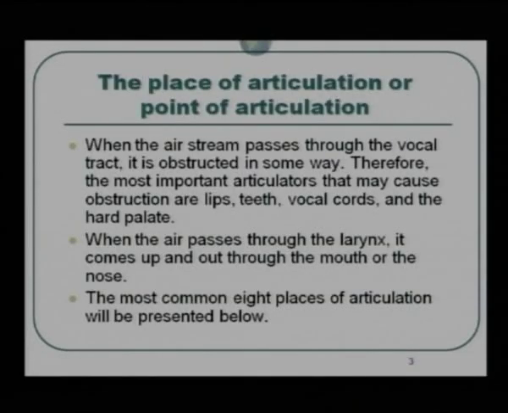Now, the place of pronunciation and manner of pronunciation of the consonants of English differ from them in Arabic. So we are going to see sound by sound and compare between English and Arabic.